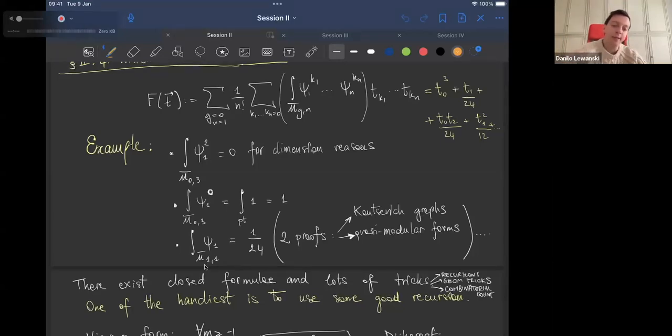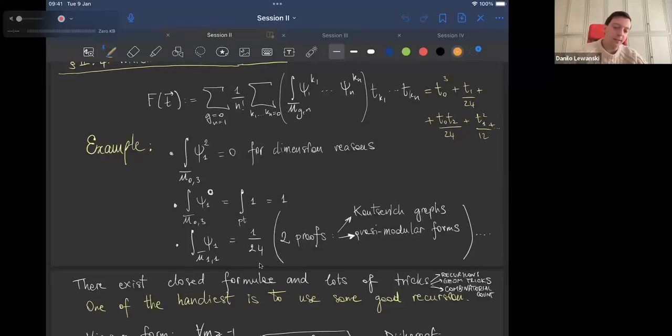But we can also retrieve the same formula with 3g minus 3 plus n. So if you plug in the numbers, 3g, when g is equal to 1, is just 3, minus 3 is 0, plus n equal to 1 is 1. And indeed, you have psi 1 to the power of 1. So now the degree matches the dimension. So dimension 1 and degree 1, complex degree. Okay, so now this number is 1 over 24.